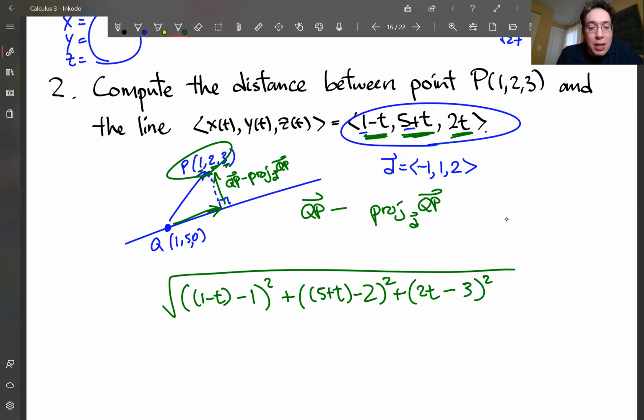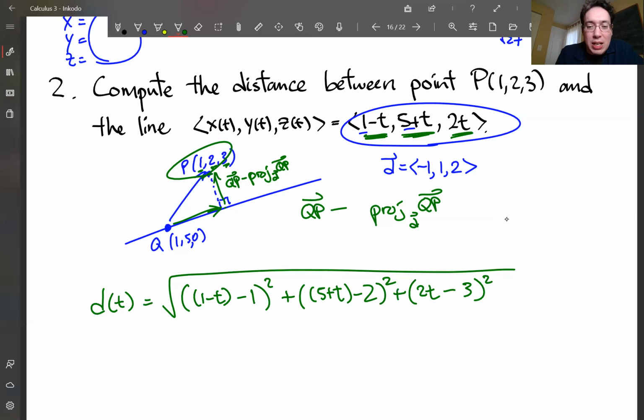Okay. And then this is the distance at a particular point when t is equal to a certain number. I want this to be the smallest possible.